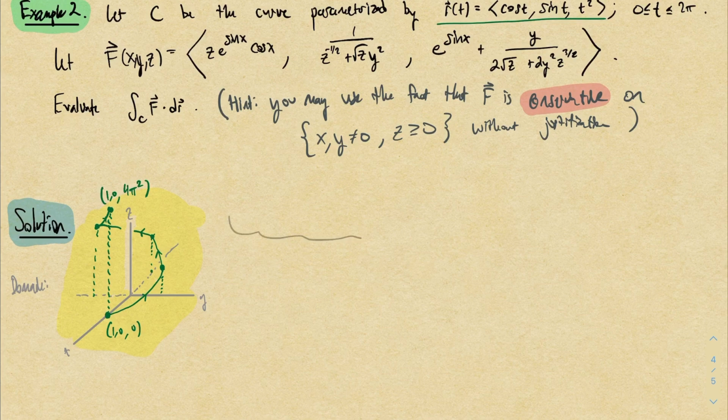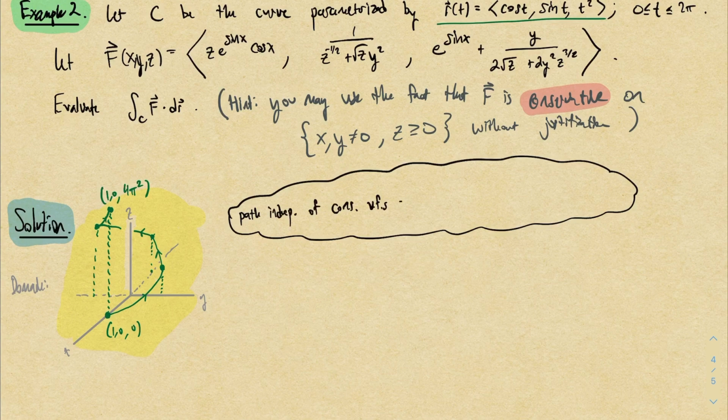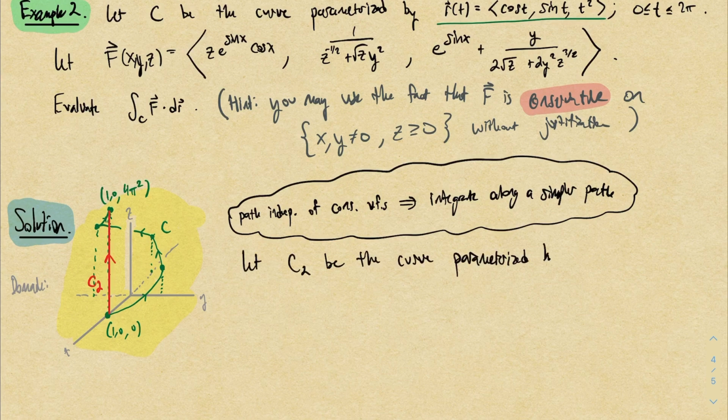Like I mentioned, the goal here is to find a simpler curve to integrate over. And it looks like we could take the straight line from our starting point to the finishing point. Seems like it'd be a lot simpler than this helix thing. So let's call that curve C2. It's a line segment. We're pros at parameterizing line segments, so I'll do this quickly.